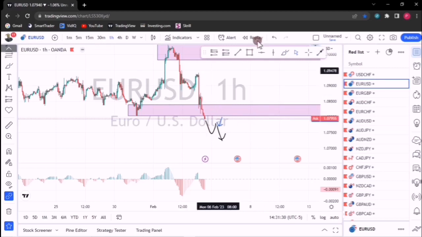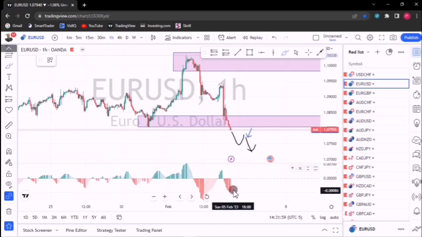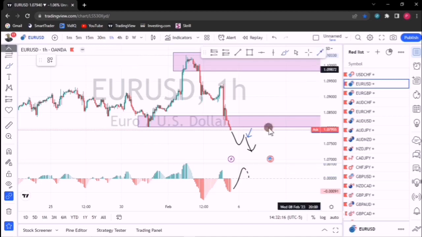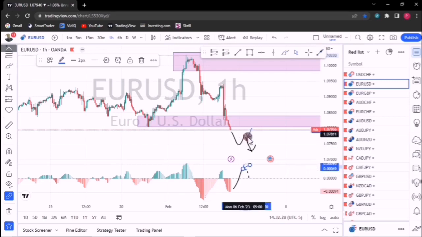And the way I'm going to see that pullback, I will look at the MACD down here. I'll wait for price to come up here, and then when it comes back here, making a green histogram, I will enter somewhere at this point when it pulls back, because this point is going to mark a pullback in the market.